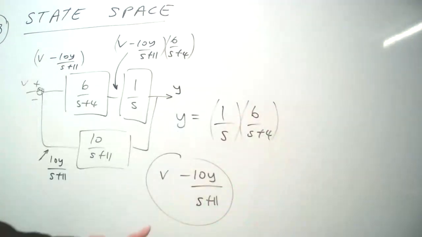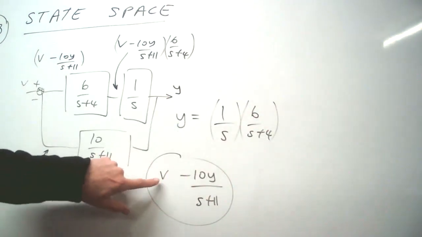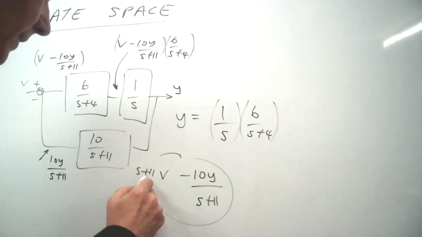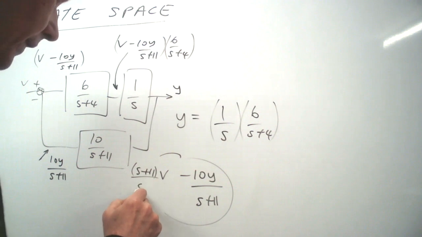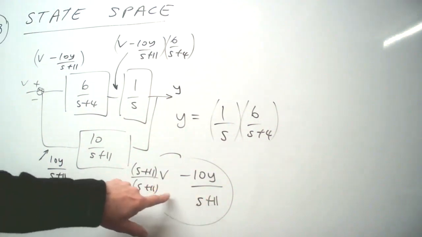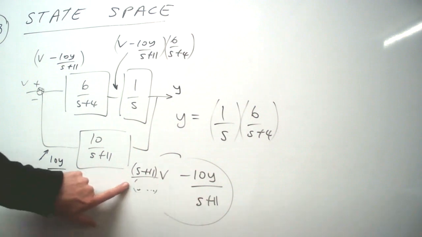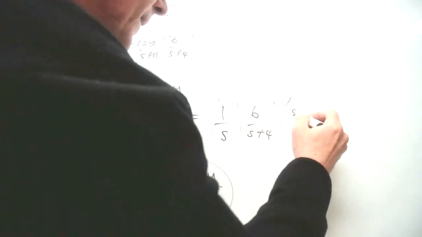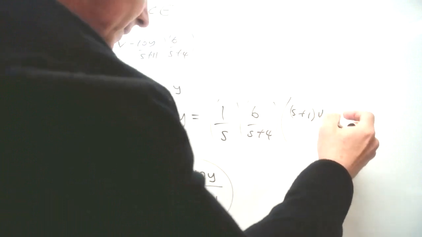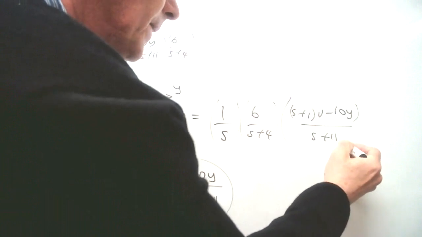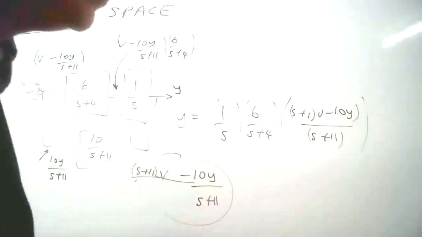We rewrite v as s plus 11 over s plus 11, so it's got the same common factor. Then I could rub that out and put one long line along. So this is the same as s plus 11 times v minus 10y over s plus 11.